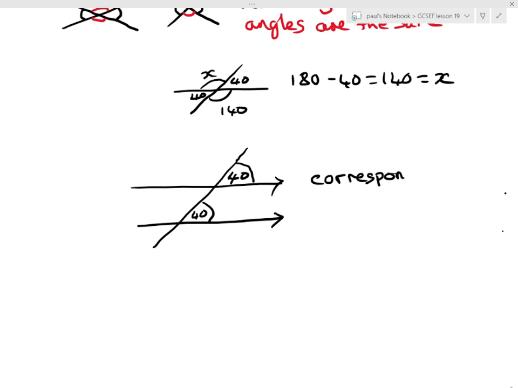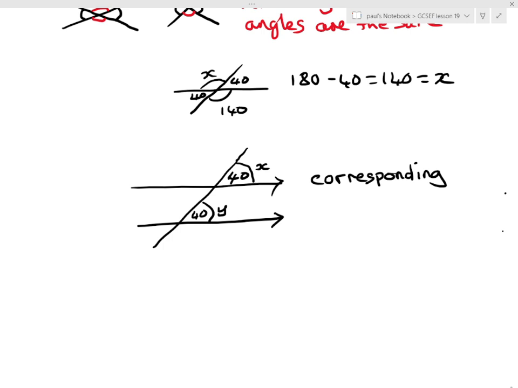Now it may be that you're given one of these shapes and it says X is 40. What's the proof that Y is 40, or why is Y 40?